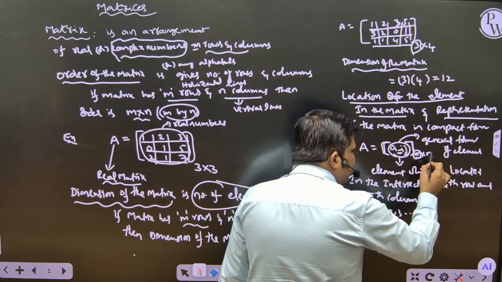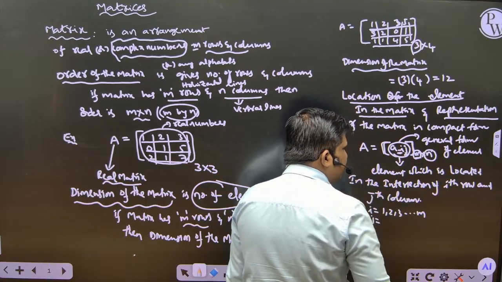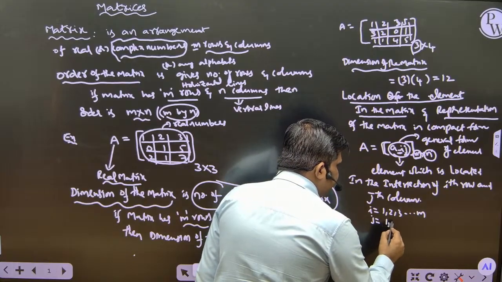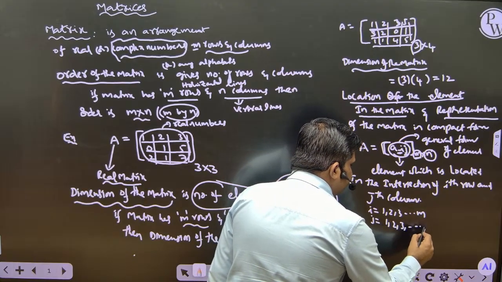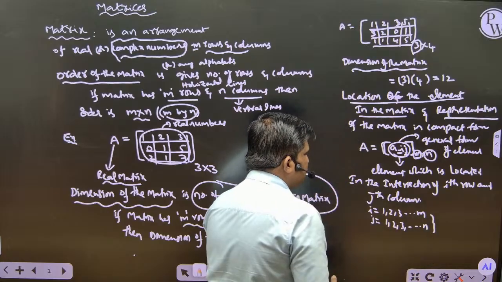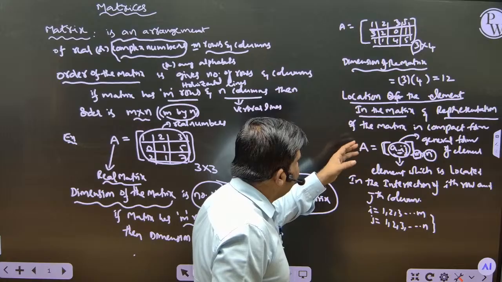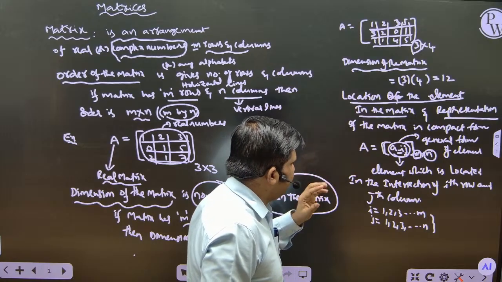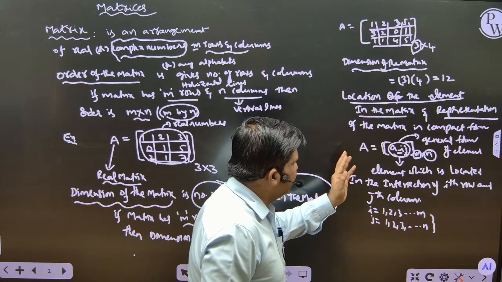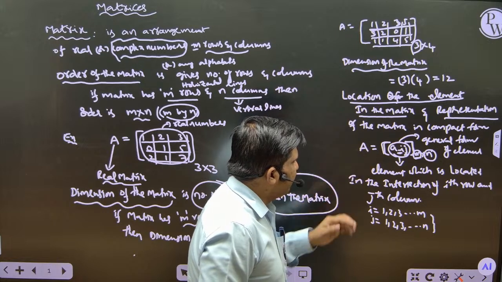In the matrix, how many columns are there? n columns. That's why j takes 1, 2, 3 and so on up to n. This is the simplest way of representing a matrix: A is equal to Aij, m cross n.